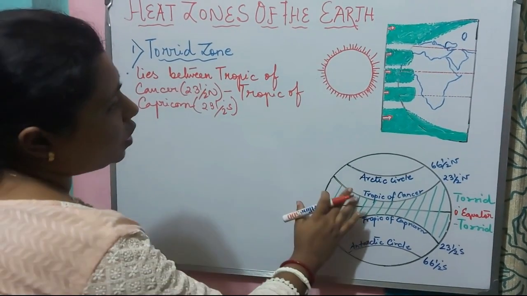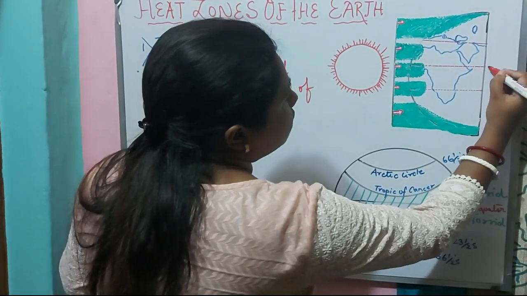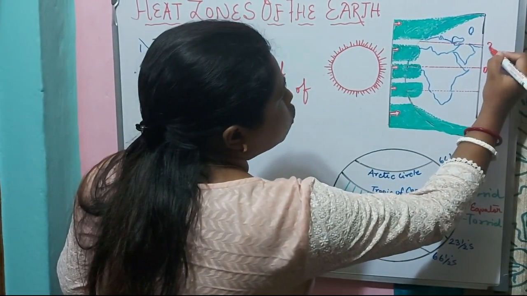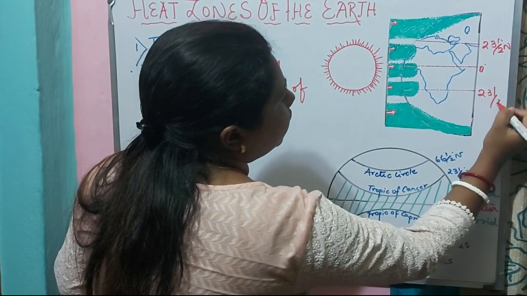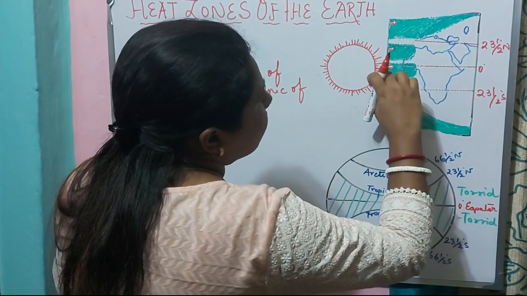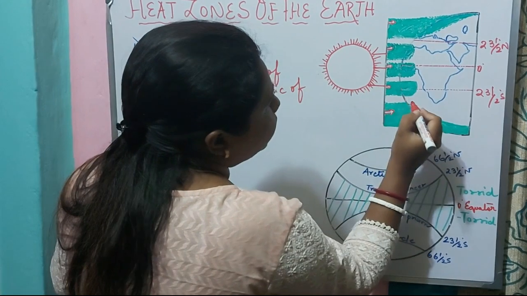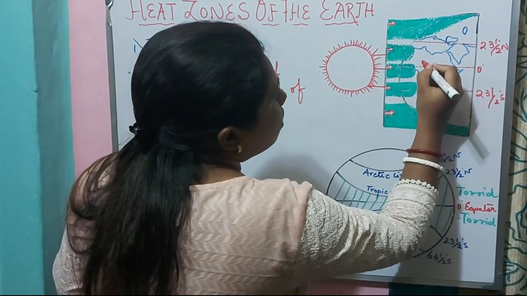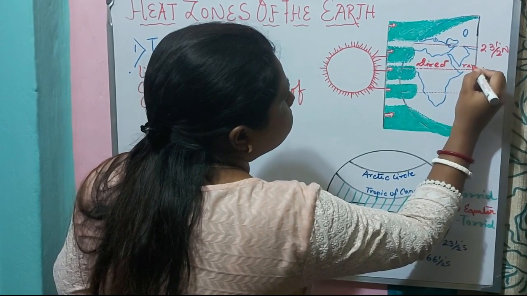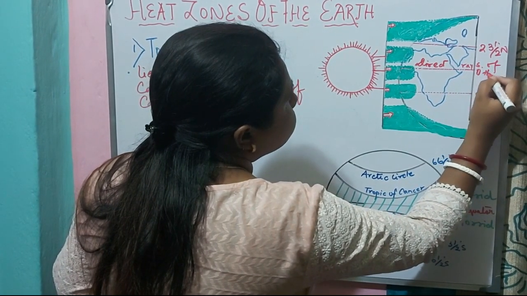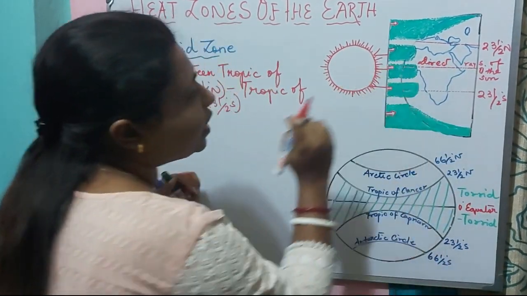Now, in the Torrid Zone, you can see this is the sun, and this is the Equator, and this is 23.5 degree north, this is 23.5 degree south. So this area is receiving the direct rays of the sun. So we can say that these rays are direct or vertical. So this place is receiving direct rays of the sun.